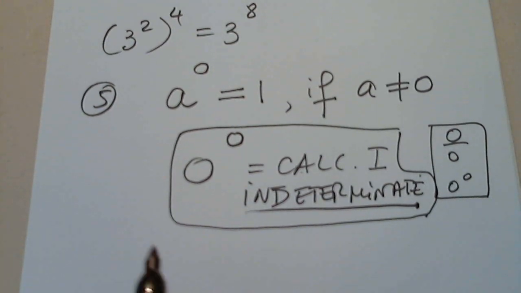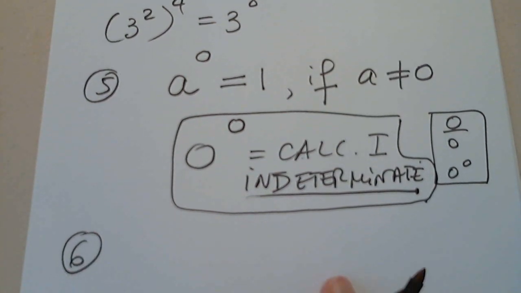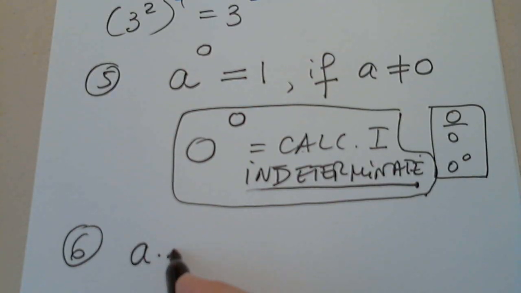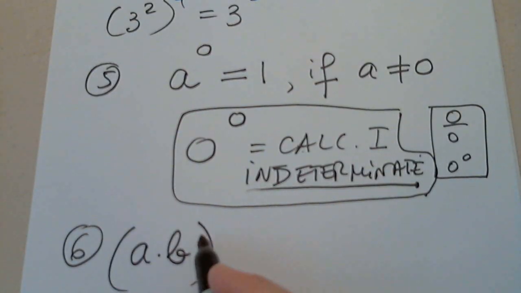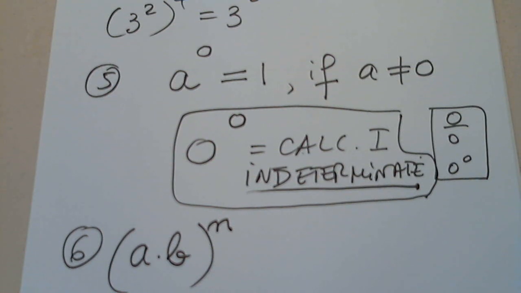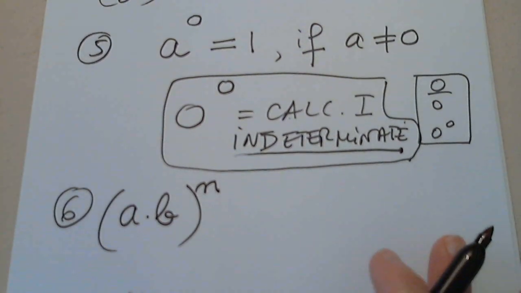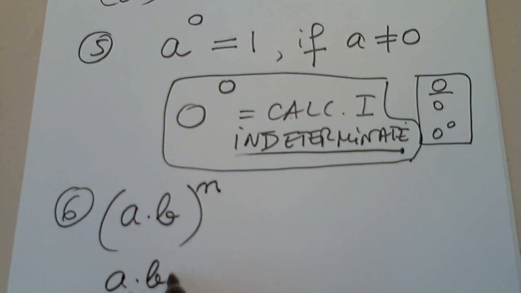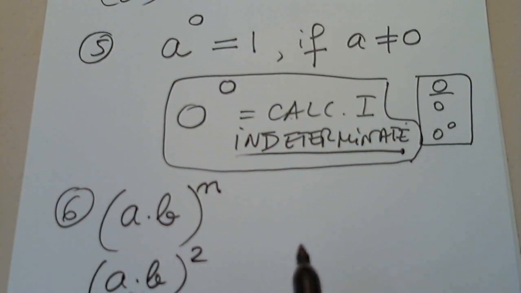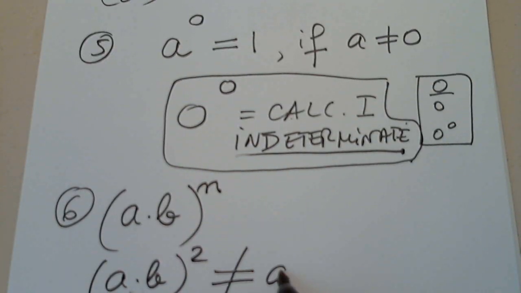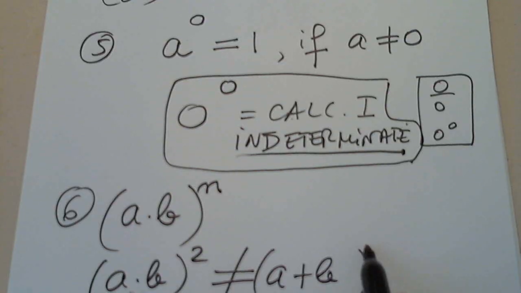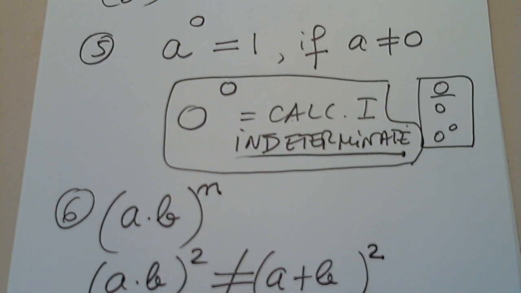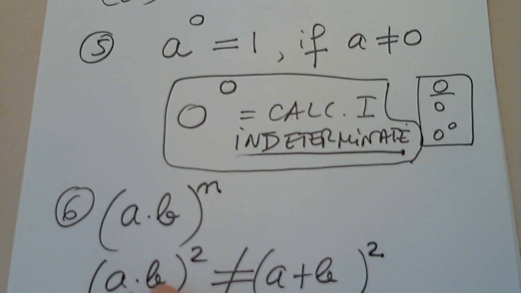Okay, and I just want to add here one more: A times B to the power n. Let me give an example: A times B to the second power, which is not A plus B to the second power. You can say, how can I confuse them? I can't. This is multiplication, meaning factors. This is addition, meaning terms.